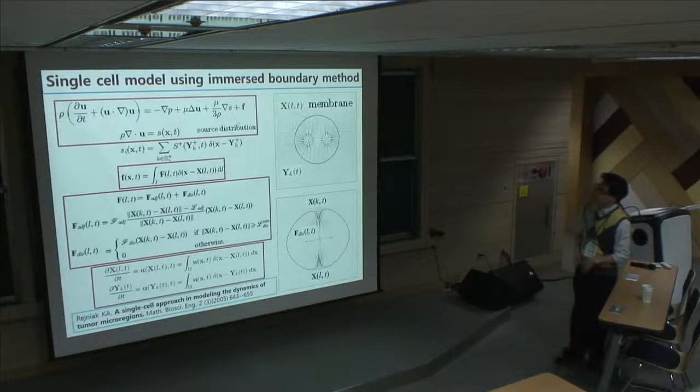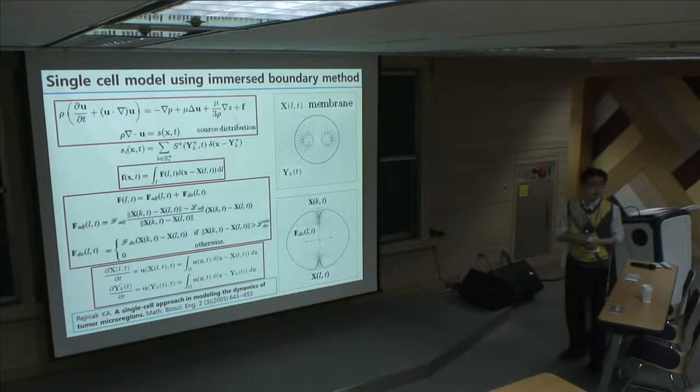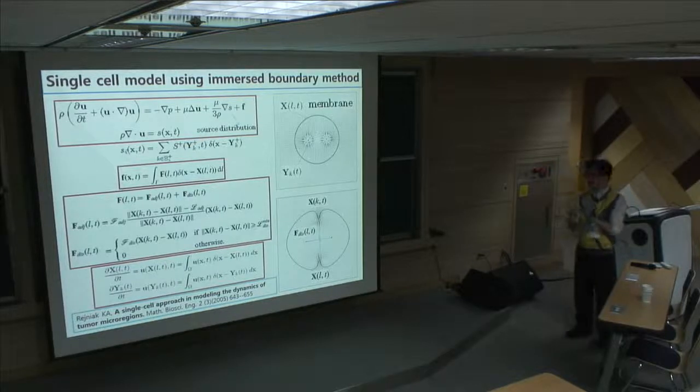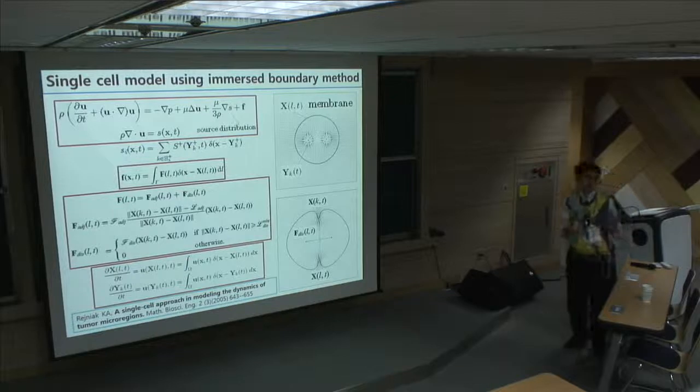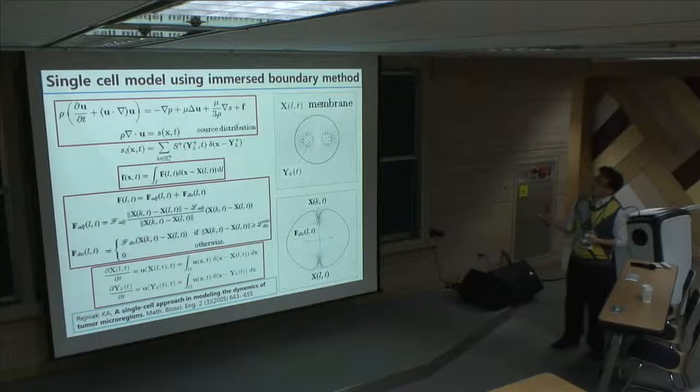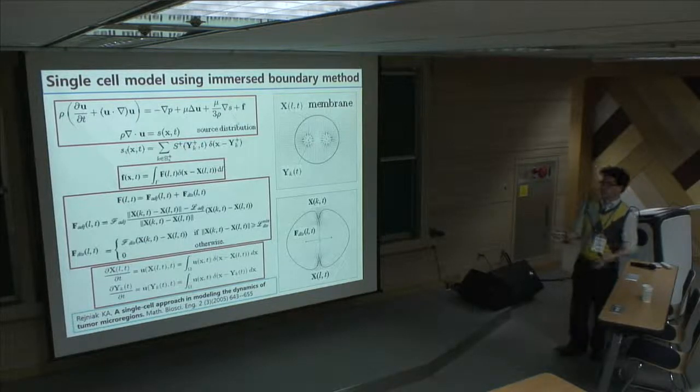This is the previous model using the immersed boundary method, but it was still two-dimensional. Basically, the underlying fluid is governed by Navier-Stokes with a source term. At the two locations there is a fluid source, which generates mass, so the cell doubles its mass and grows through the two sources.